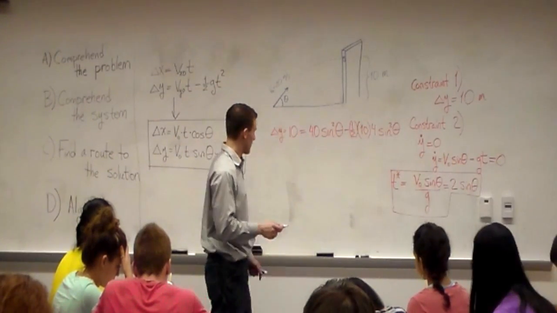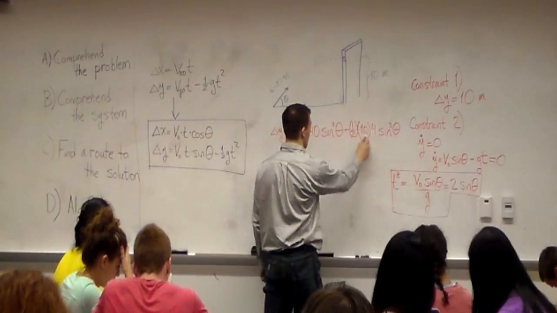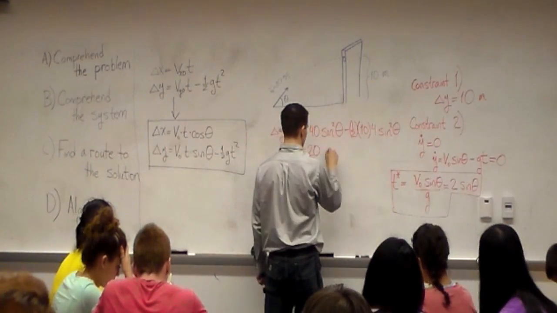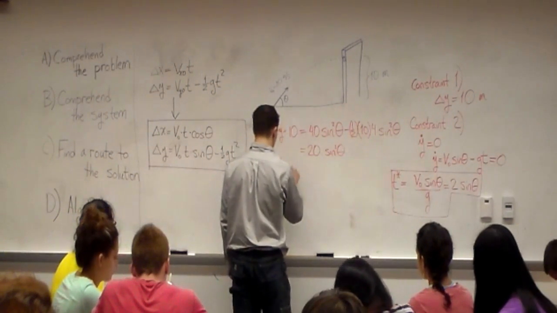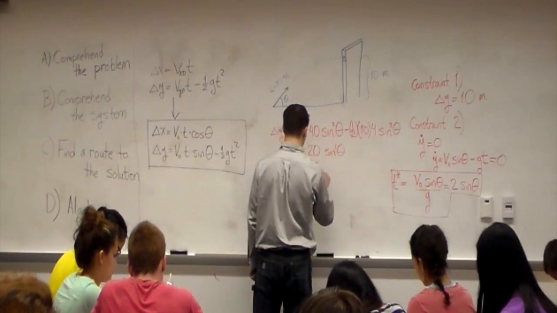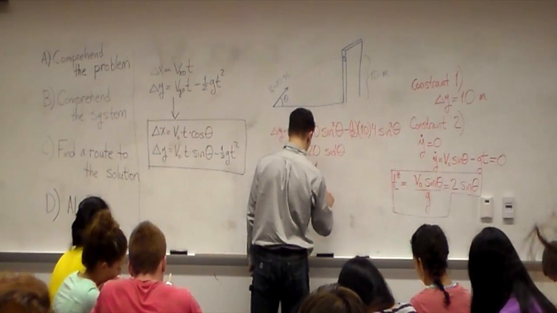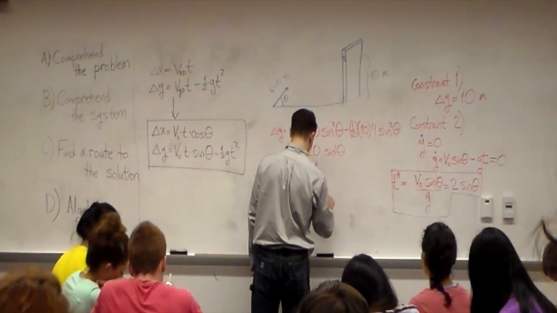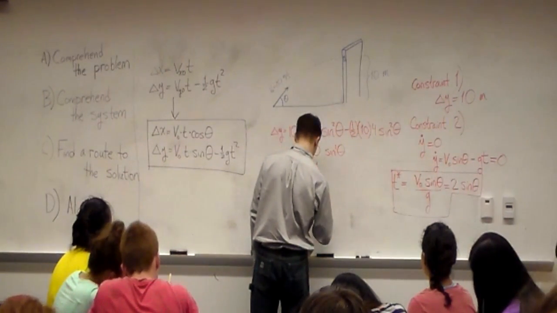That's it. So that's equal to 40 sine squared theta minus 20 sine squared theta, so 20 sine squared theta. So apparently sine squared theta is equal to 1/2. Sine theta is equal to 1 over the square root of 2. And theta is equal to 45 degrees. Great.